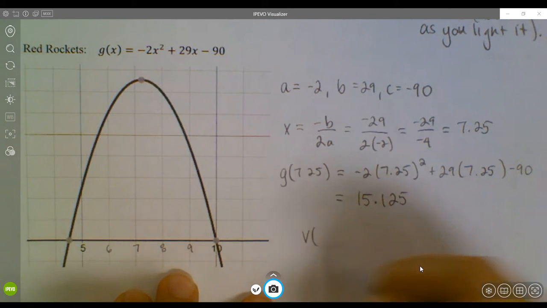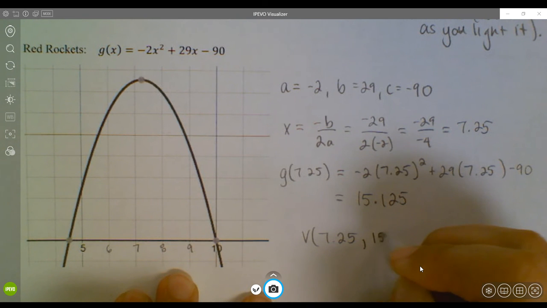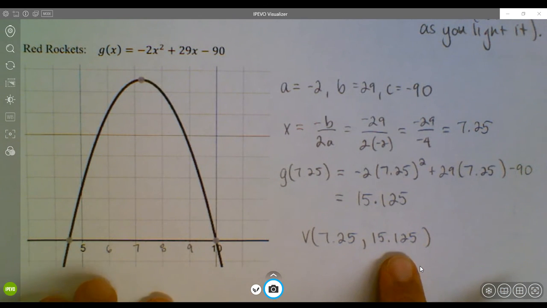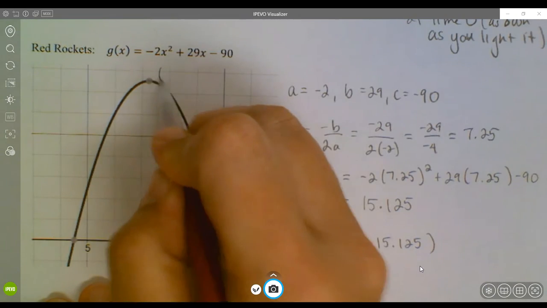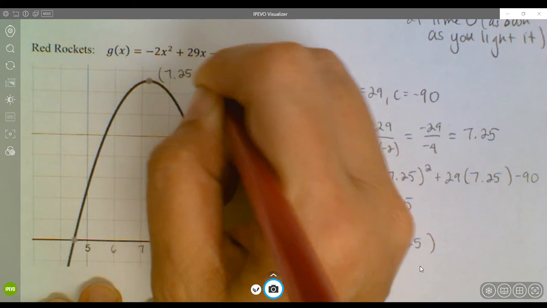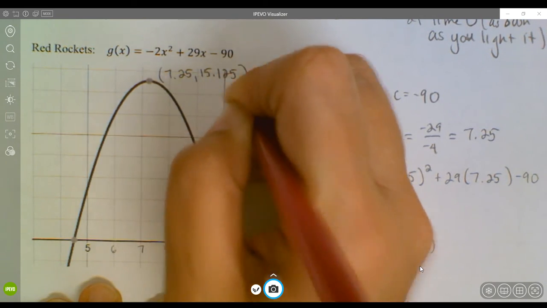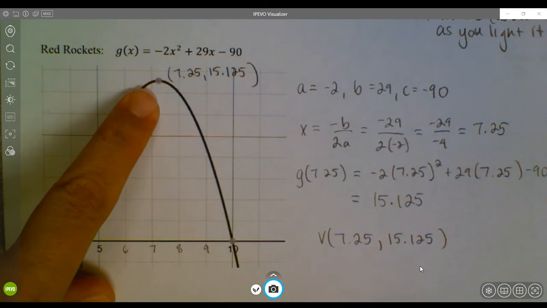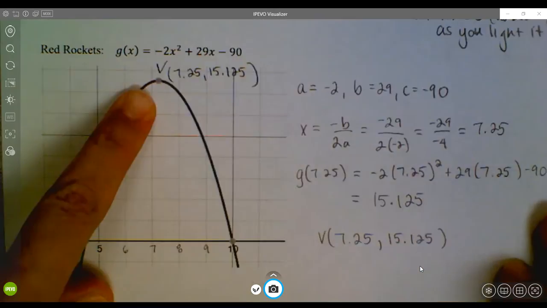So my vertex is the x-coordinate with its corresponding y-coordinate. Input, corresponding output. That is the ordered pair of this point. That's what that ordered pair is, okay? But guess what else it tells me?